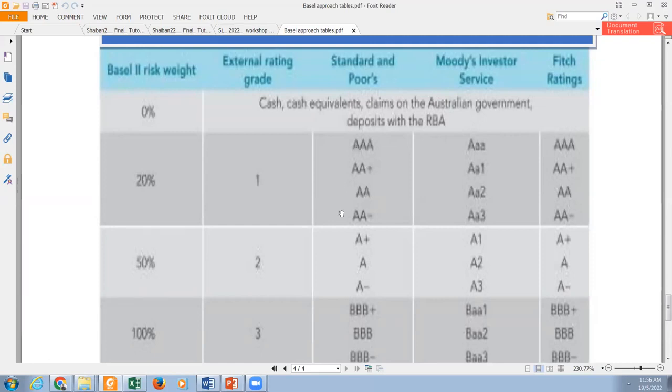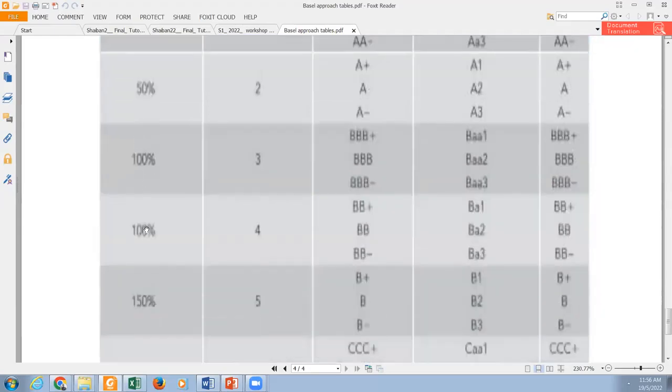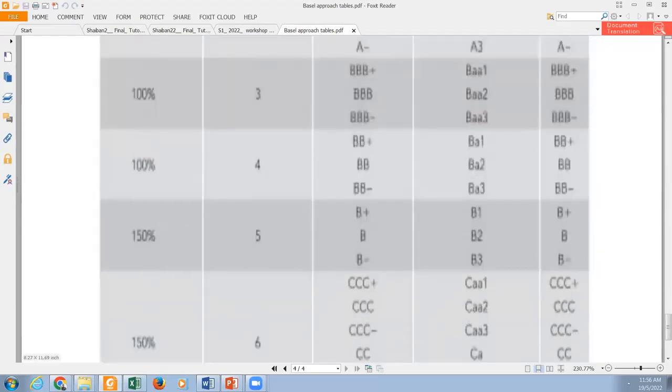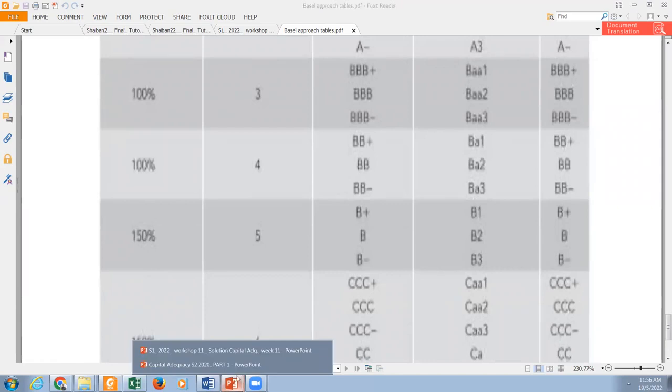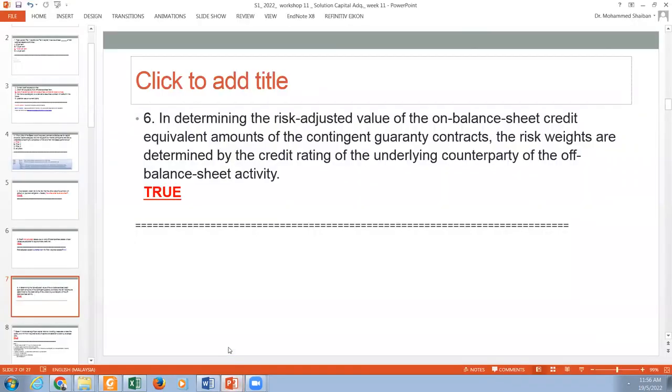They will give us the rating, and we usually use the Standard & Poor's, and these are the weights. So to answer this question, the answer is true.